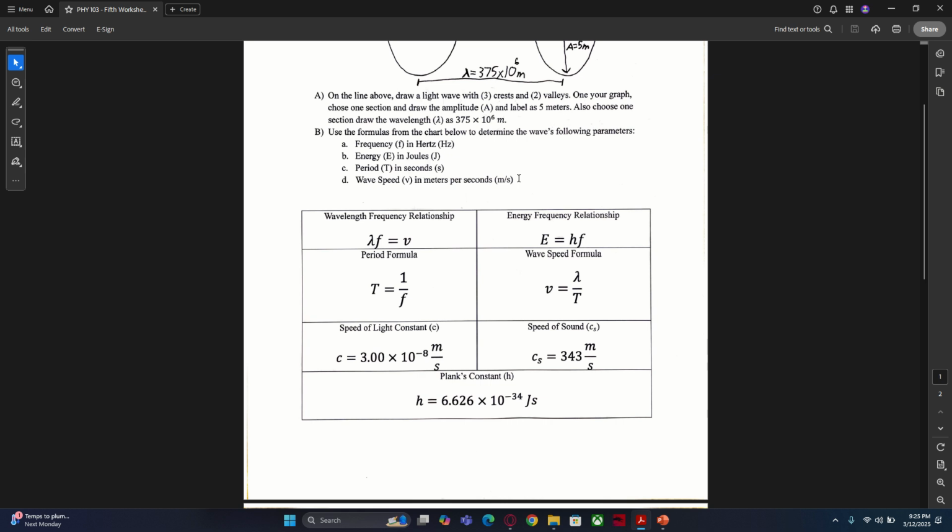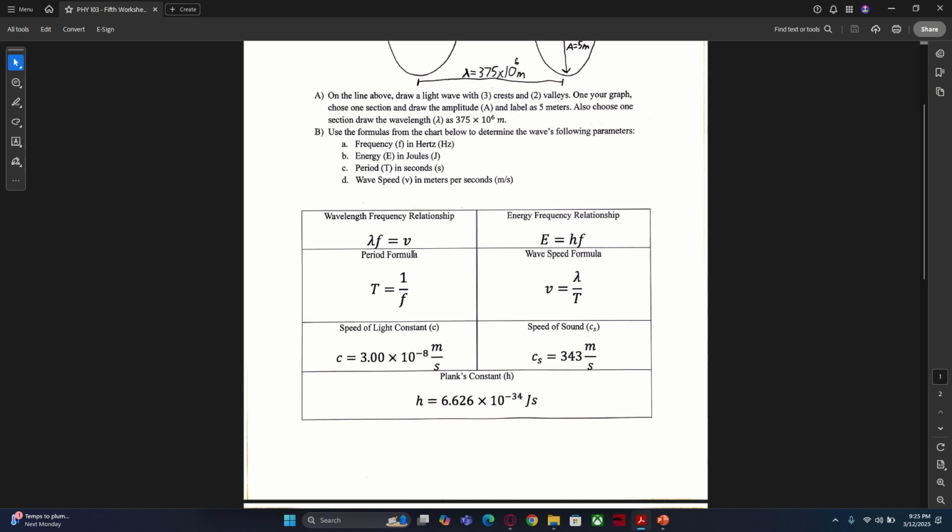Some equations that we have available to us is the wave frequency relationship, which just says that for any wave, the wavelength lambda times the frequency f equals the wave speed v. The energy frequency relationship says energy of a wave equals Planck's constant h times the frequency.